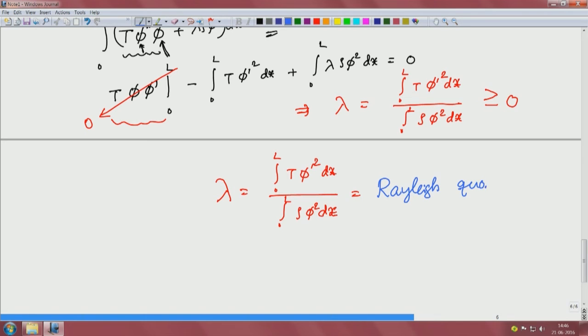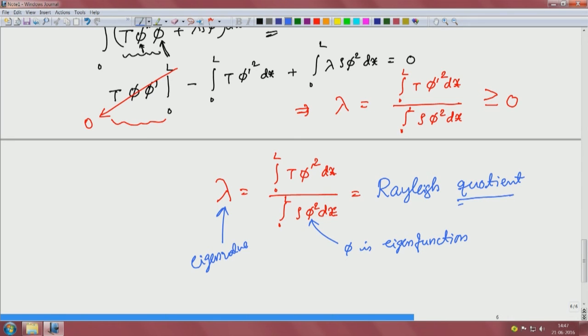Quotient is like a ratio. It gives you the eigenvalue. And phi is of course, as we said, the eigenfunction. I can get lambda as a quotient, right.